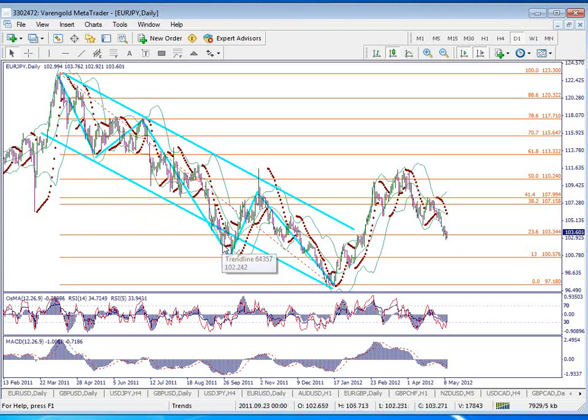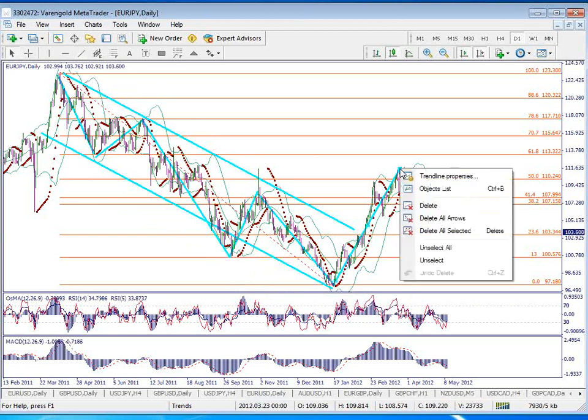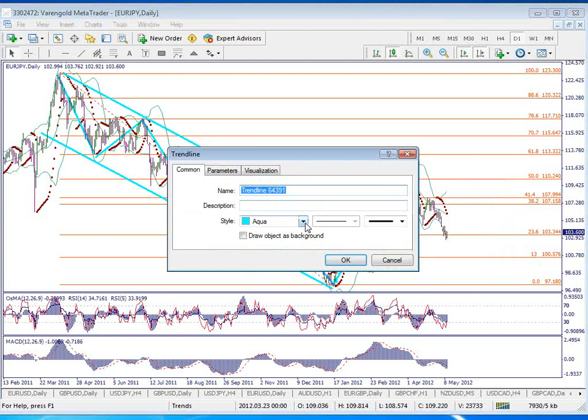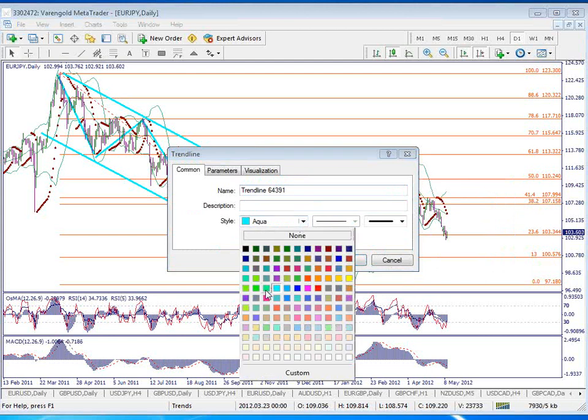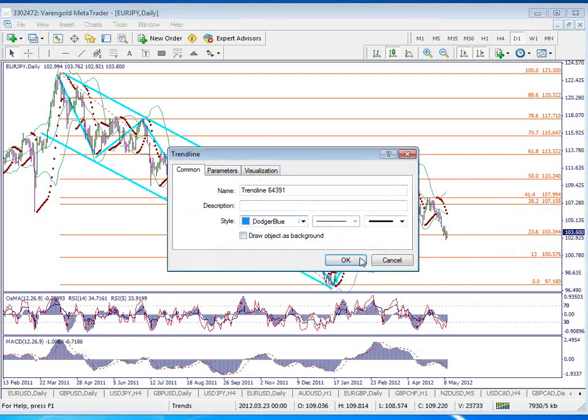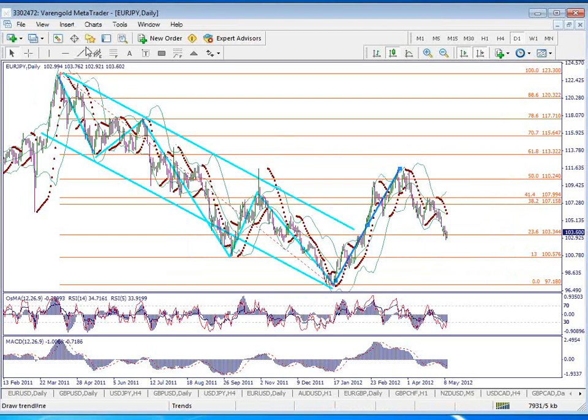Here it was a little bit of panic. And here we have the correction. I will just draw the correction with one other color to know that it is something different. Okay, and now let's measure the correction.